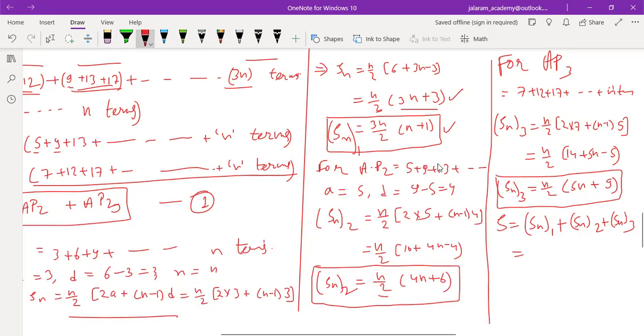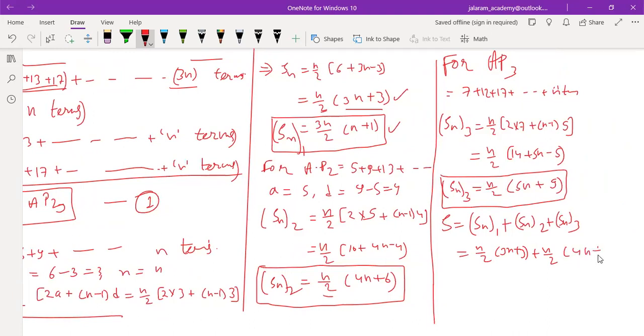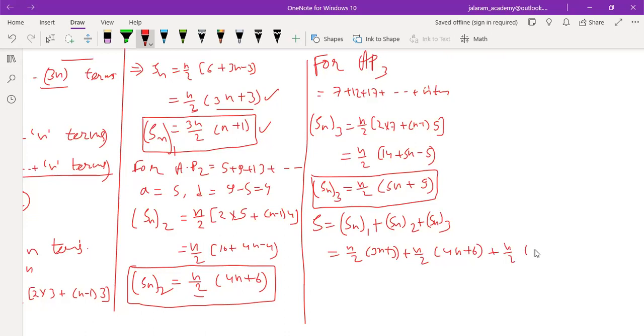So we will write n by 2 into (3n plus 3) plus n by 2 into (4n plus 6) plus n by 2 into (5n plus 9).